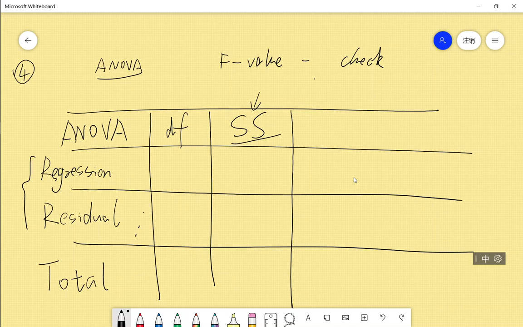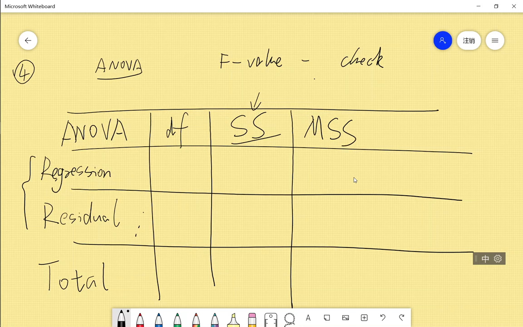What we need is the mean sum of squares: you divide the sum of squares by the degrees of freedom of the subject you are dealing with. So you get the mean, which gives you the average for that subject.